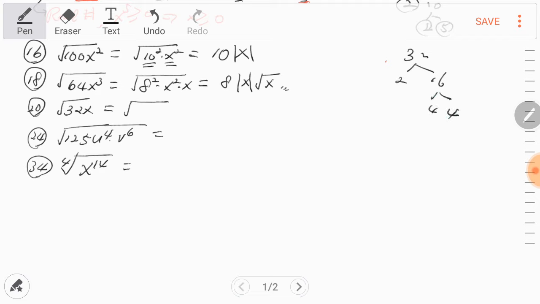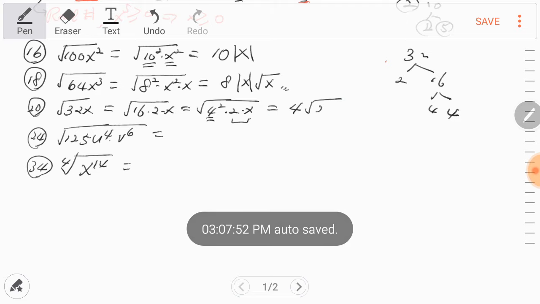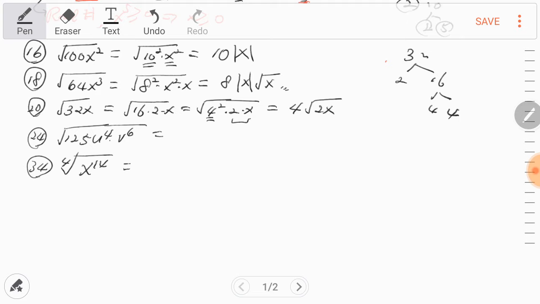So this is 16 times 2 times x. Then 16 is 4 squared, 2, and x. So 4 has a power 2, so take 4 out, and then 2 and x, these two factors do not have power 2, so they stay inside the radical symbol.